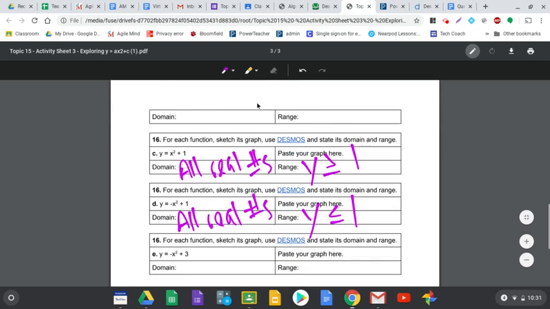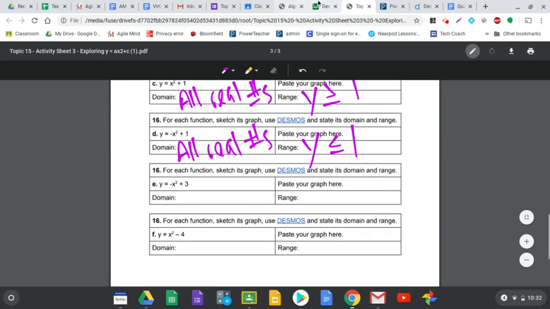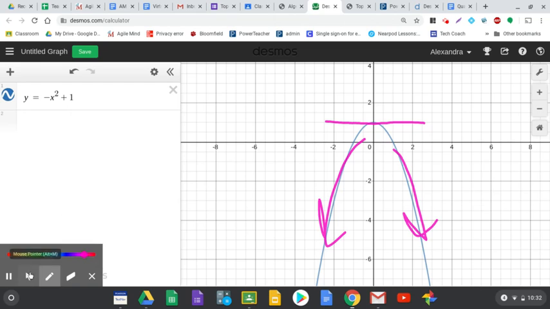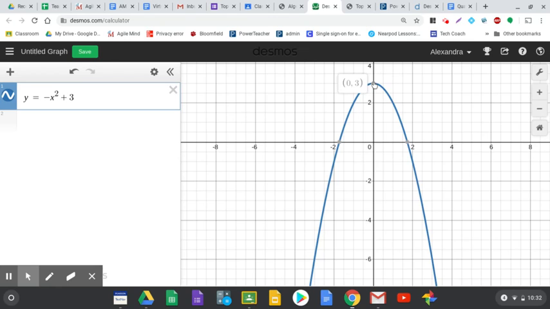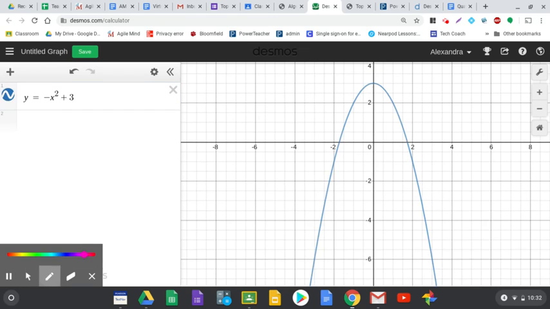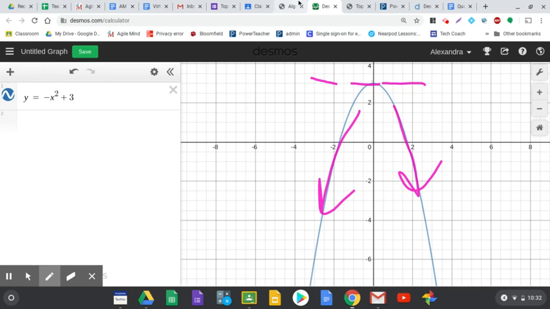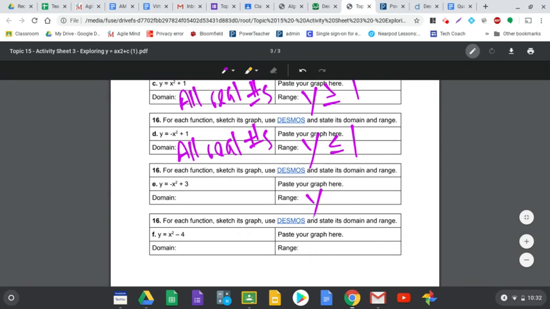Okay? So then the next one, negative x squared plus 3. So if I change this to a 3, it's still upside down, but now my vertex is up here at 3. So everything is below 3. So my range should be y is less than or equal to 3.